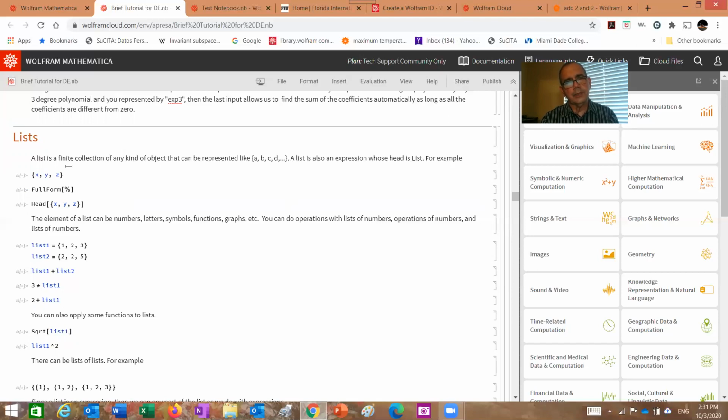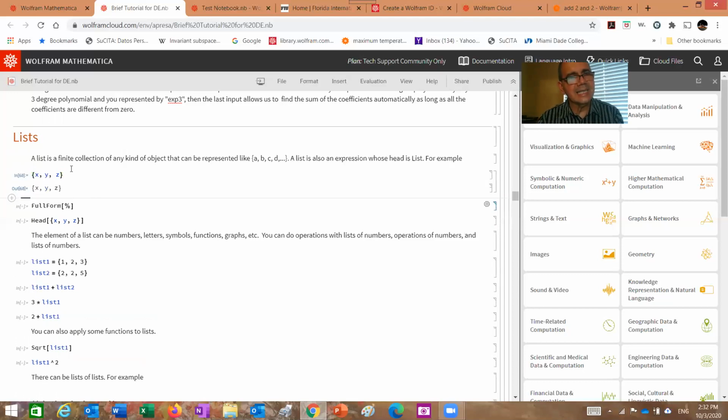They can be numbers, matrices, vectors, or lists, so we can have lists of lists. They can be functions. They can be just variables, etc. Then, for example, this is an example of a list whose elements are variables.